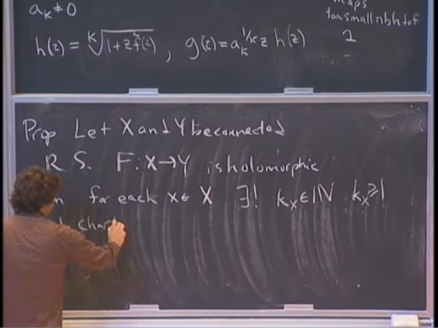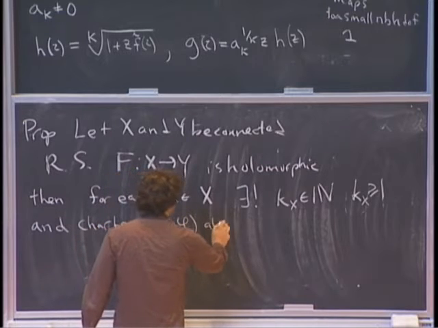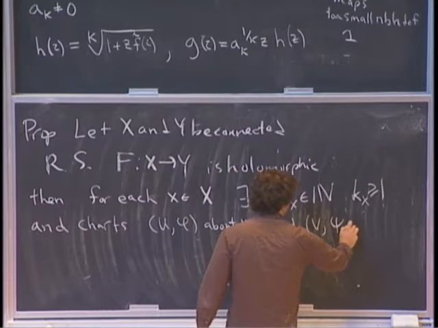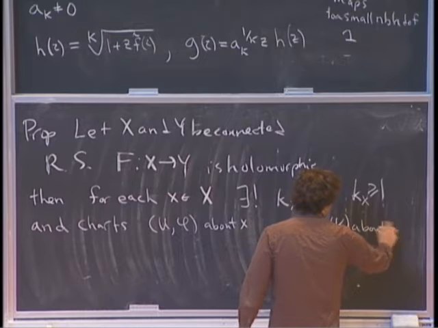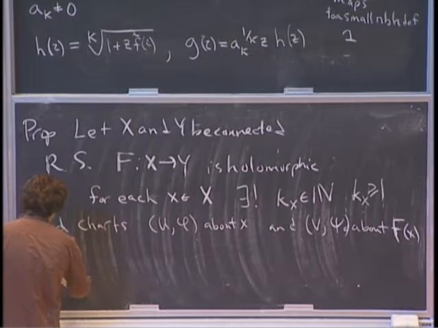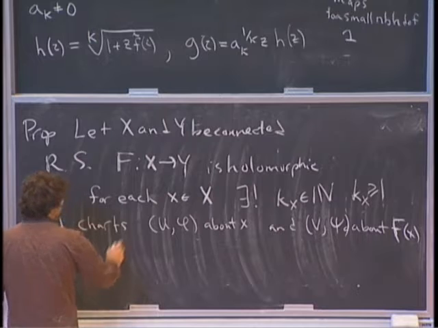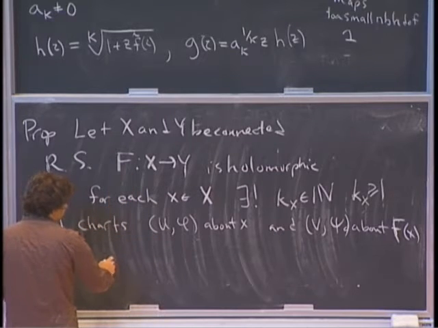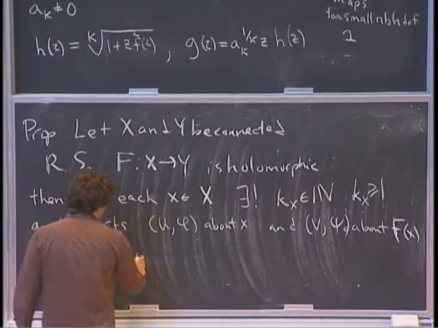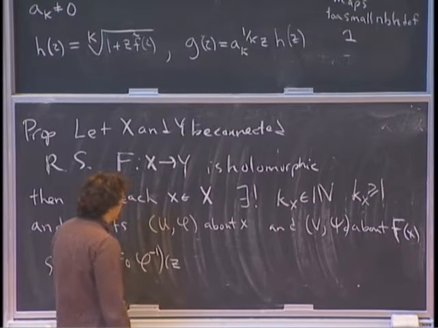and charts, say (U, phi) about x and (V, psi) about f of x, such that basically if you consider the function f in these charts, so we look at psi composed with f composed with phi inverse, sorry, this is a function on some domain neighborhood of 0.